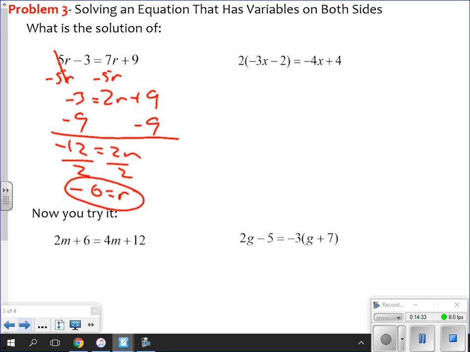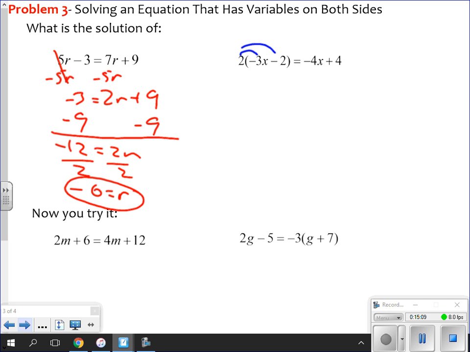Boy, this next one's fun. I got a lot going on here. I got an awful lot going on here. So I have to decide what I need to do first, and I need to do some simplifying first. Whenever I see parentheses on one side, I want to get rid of those parentheses. Now, I can't combine or anything, but what I can do is distribute.